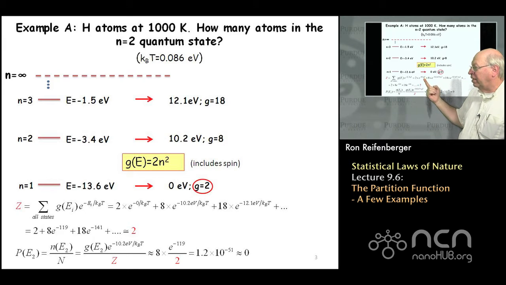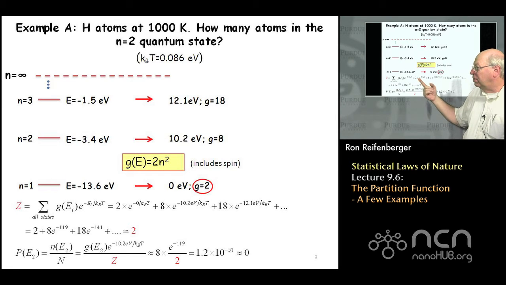For this calculation, I'm just including three energy states. The reason is pretty simple: when you evaluate the second and the third term in this series, you'll find that the contributions to Z are very, very small. They're insignificant. So the value for the partition function for this case is 2.